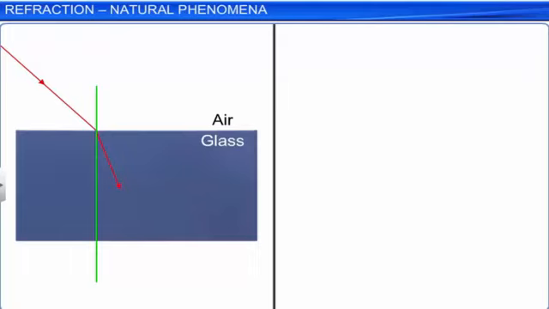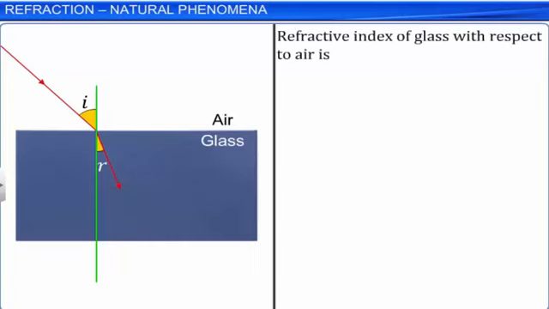Let the angle of incidence be i and the angle of refraction be r. If the refractive index of glass with respect to air is nga, then, according to Snell's law, nga is equal to sin i by sin r. Let this be equation 1.